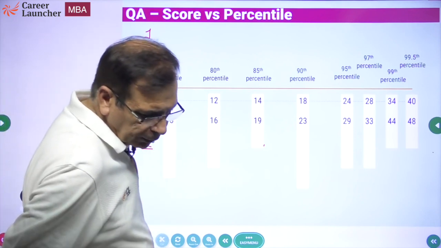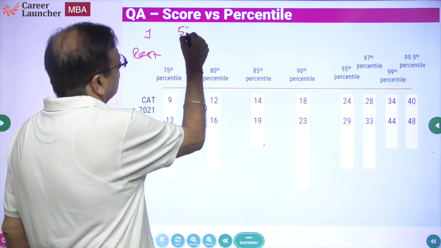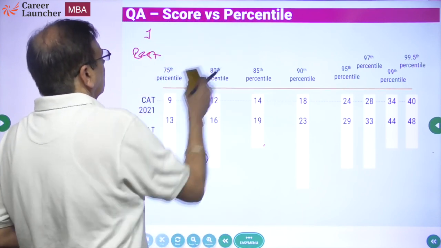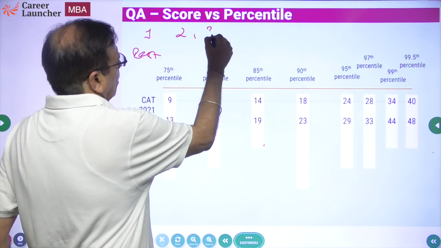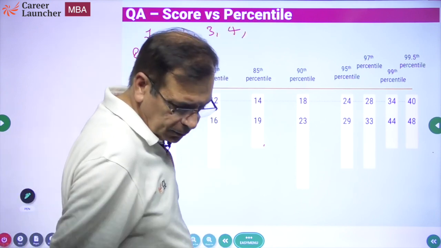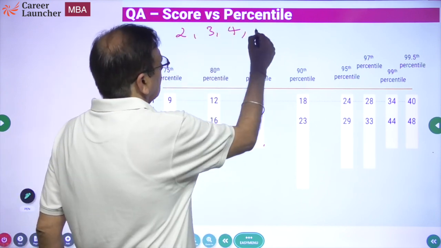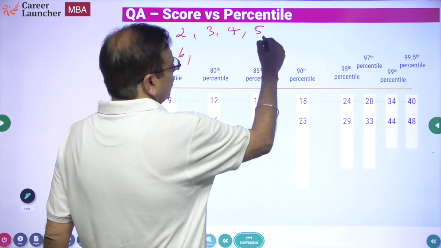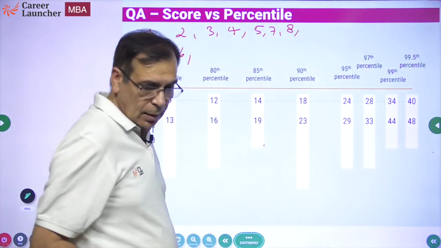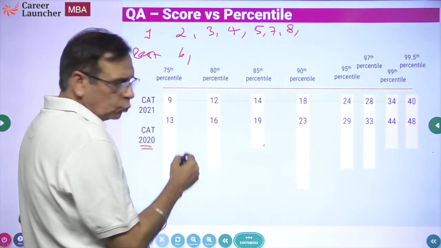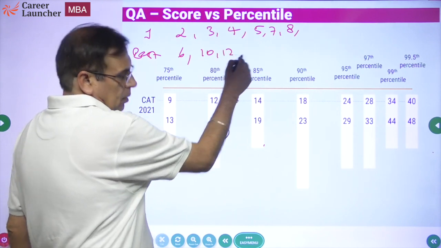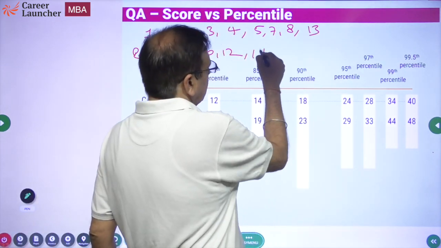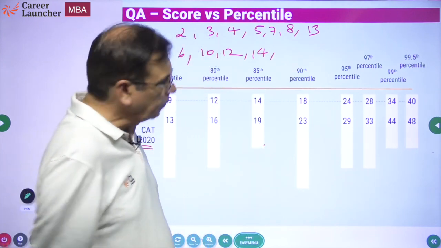Okay. 2, 3, 4 were jugaad. 5. 6 was not jugaad. 7, 8 were again jugaads. 10, 12. 13 comes here. 14 comes here. Okay. 15 comes here.